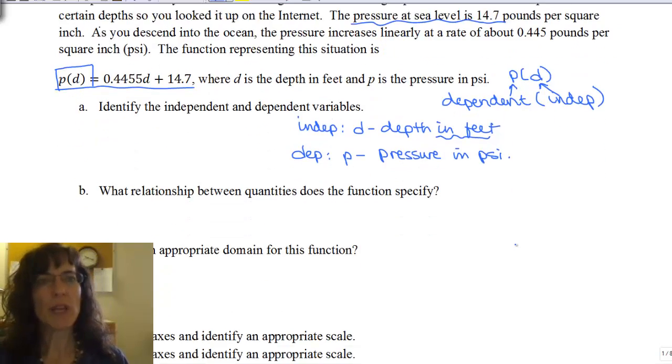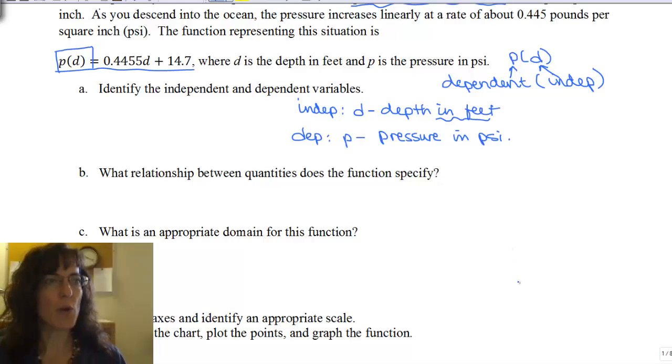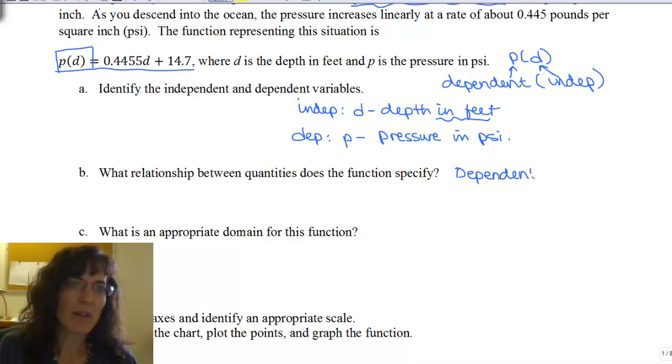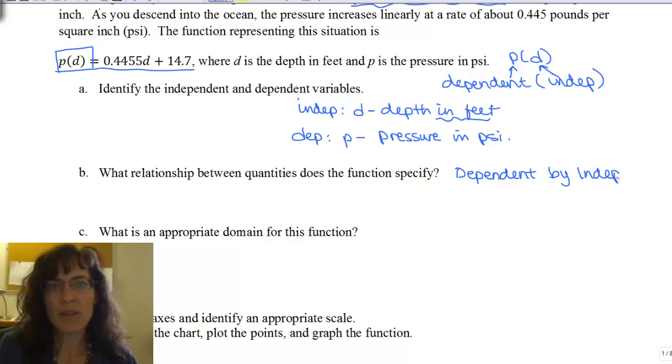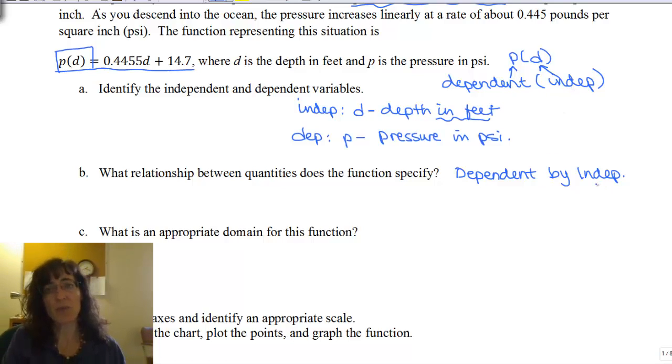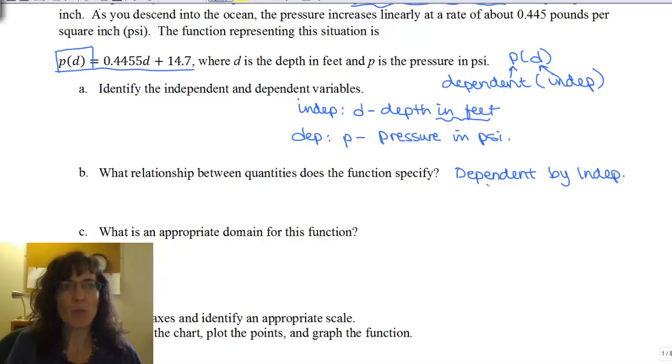Okay, and when we're looking at the relationship between the quantities, we can always think of it as dependent by independent. And you can see it's the same order as I was showing for the function notation, so that's helpful. You don't have to change orders at all. Dependent by independent, and when you're writing it out, dependent by independent.